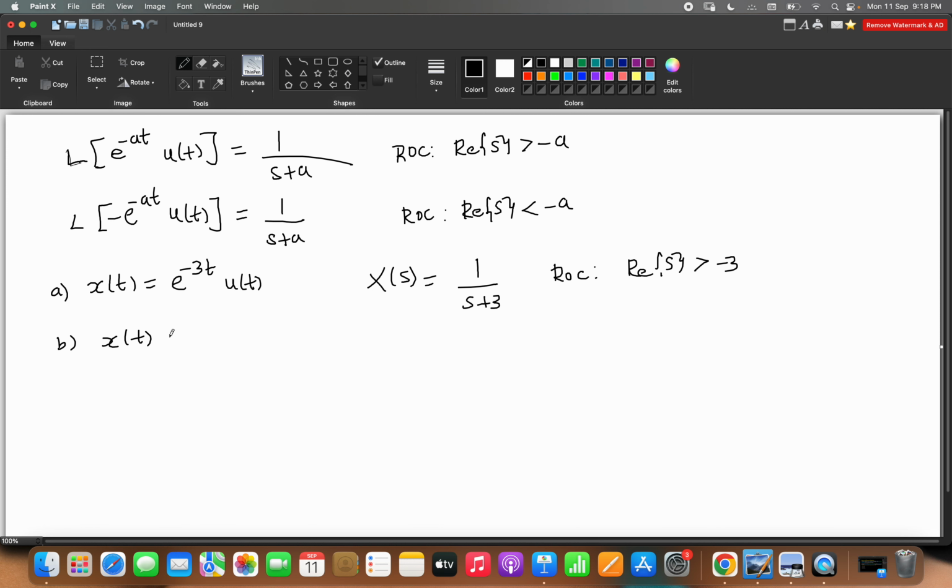And see the second one, B problem. x of t equal to e power minus 2t u of t. So for this problem, the x of s will be 1 by s plus 2. And the ROC is real part of s is greater than minus 2.